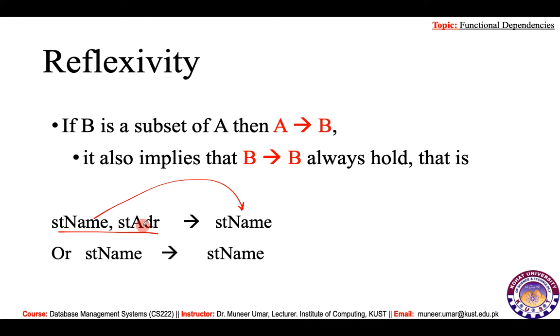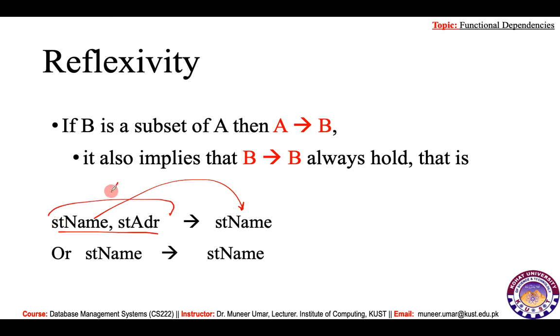We can also create another functional dependency where we can type the student address here instead of student name. That will also work. If B is a subset of A, then A determines B. So here we have a composite.